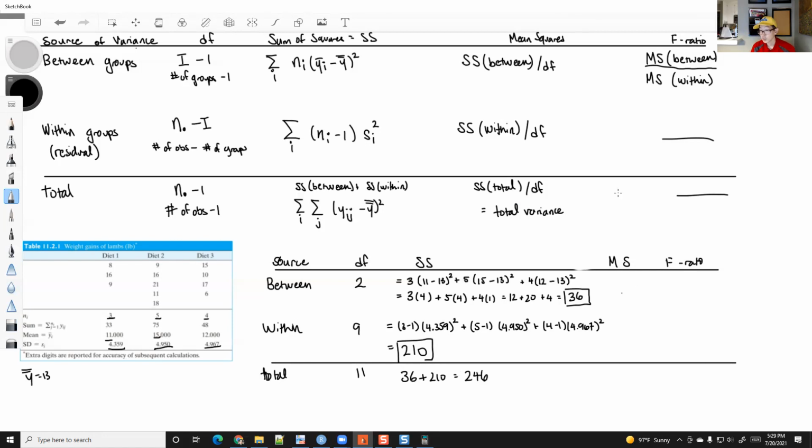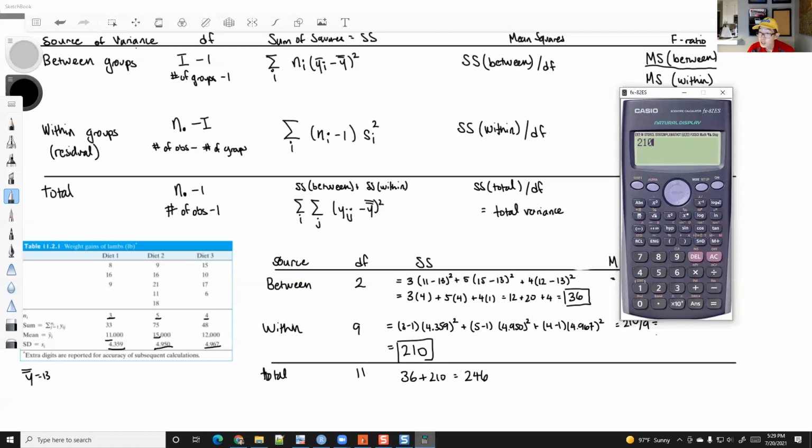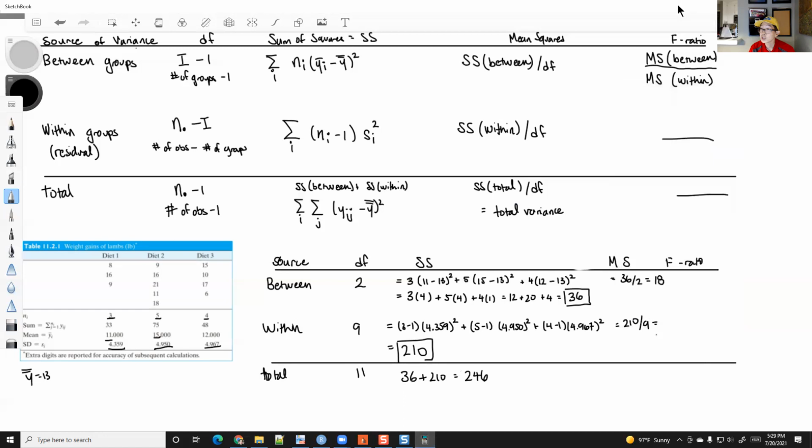All right, so my mean squares between is going to be 36 divided by the degrees of freedom, in our case 2. So we're going to get 18. And then over here, I'm going to get the sum of squares within, 210, divided by the degrees of freedom, 9. And 210 divided by 9 is 23.333.